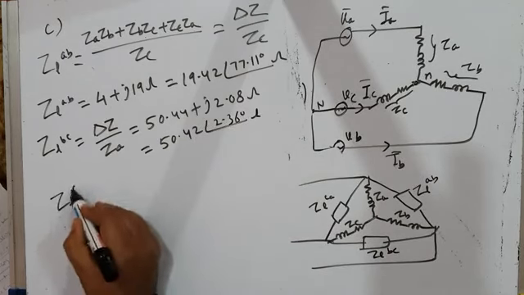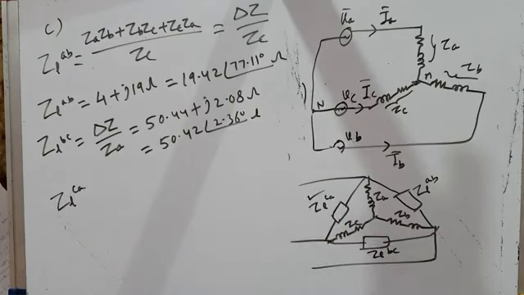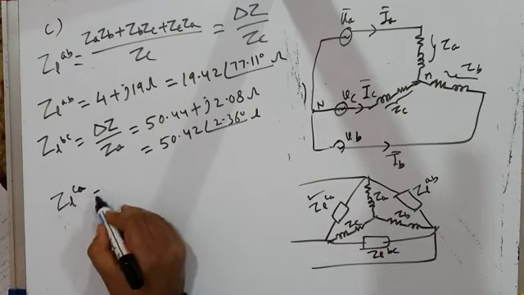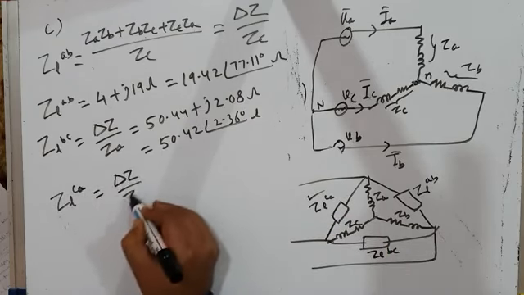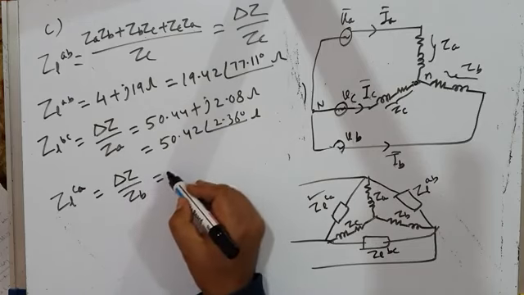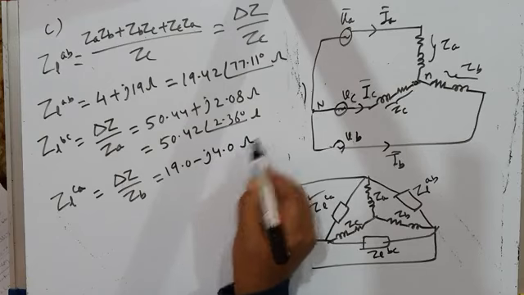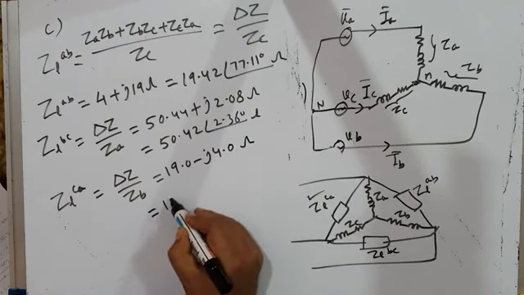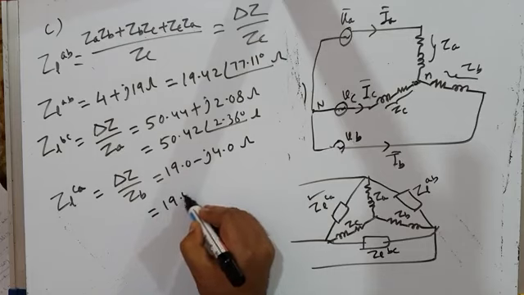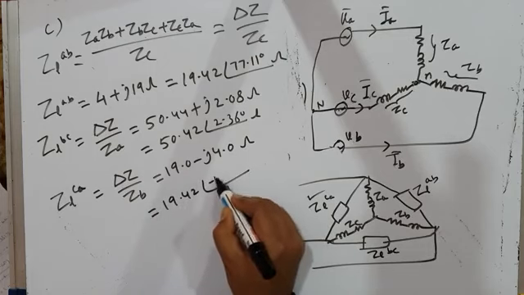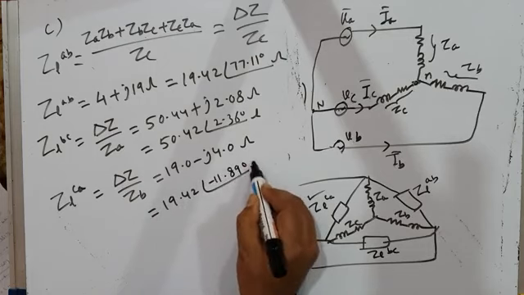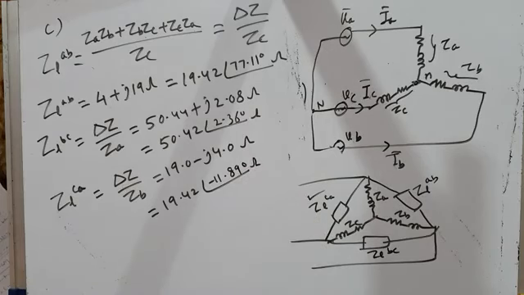Similarly, ZLCA, that is this branch impedance, is equal to delta Z by ZB, and as per my calculations it comes out to be 19.0 minus J4.0 ohms, that is in polar form 19.42 at an angle of minus 11.89 degrees ohms. So my job is done.